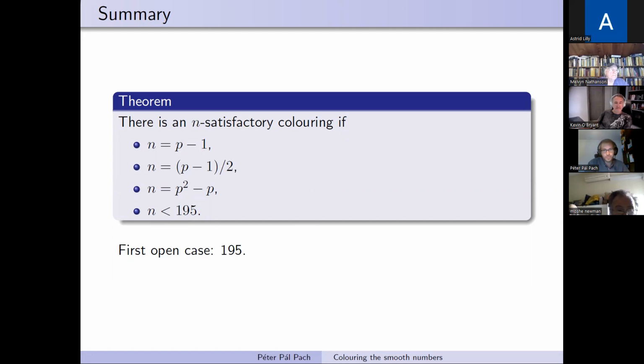In fact, a few more should be enough, because you can just take a prime which is slightly larger than n. So this is the trivial kind of construction. So if p is the smallest prime which is larger than n, then p colors are enough.